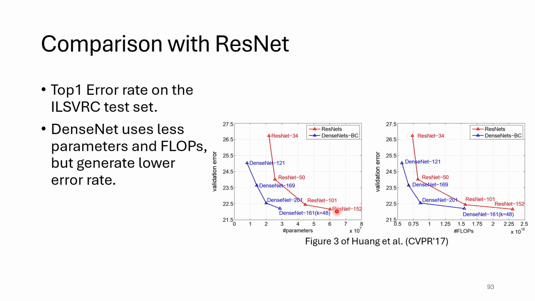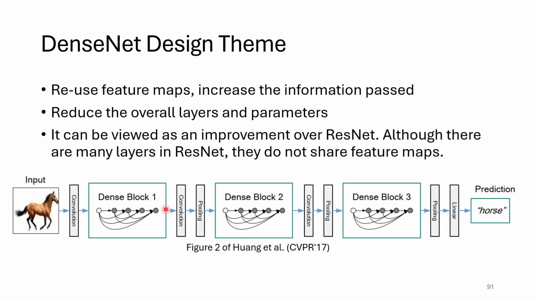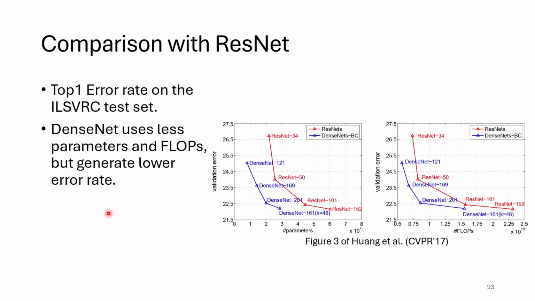Compared with DenseNet, this is a dense block between layers, and there are also many configurations, like 121 layers or 169 layers. Even with more layers, let's say 151 compared to 101, there are fewer parameters.